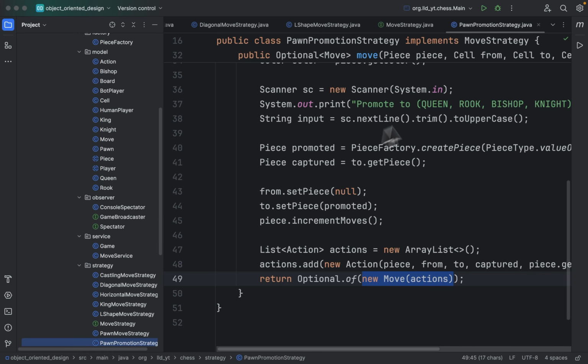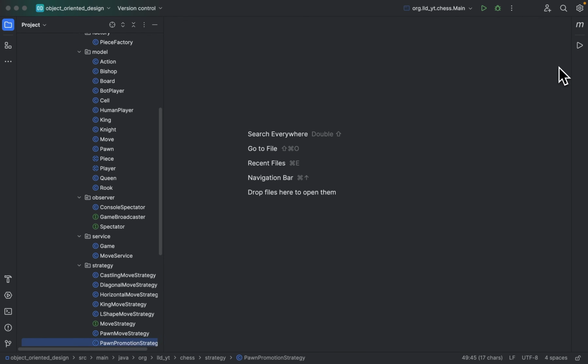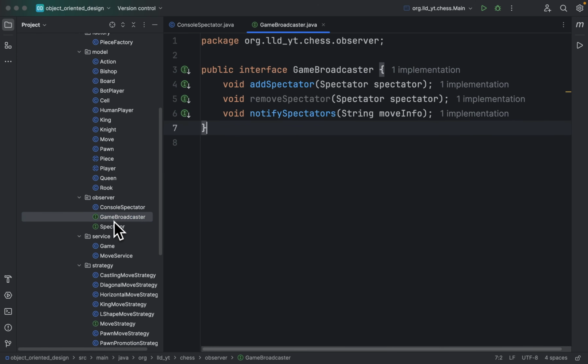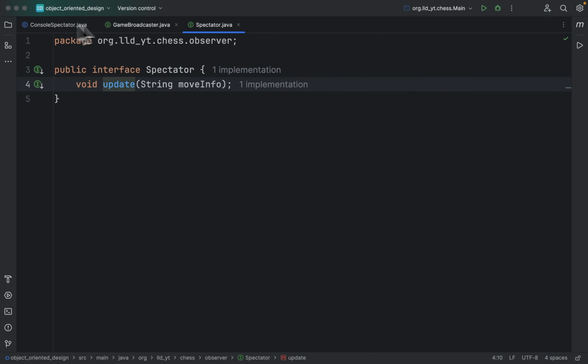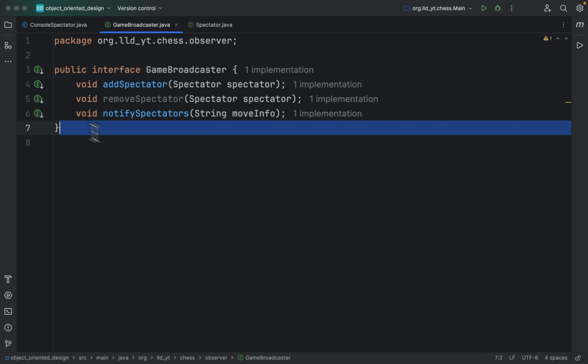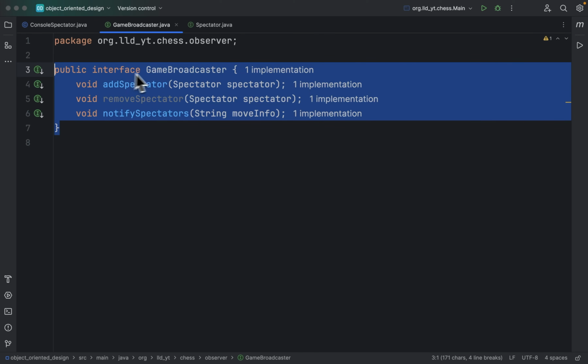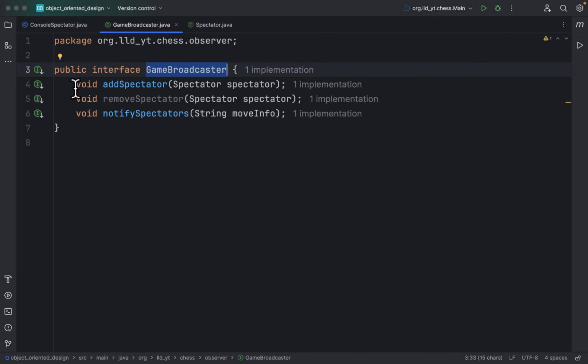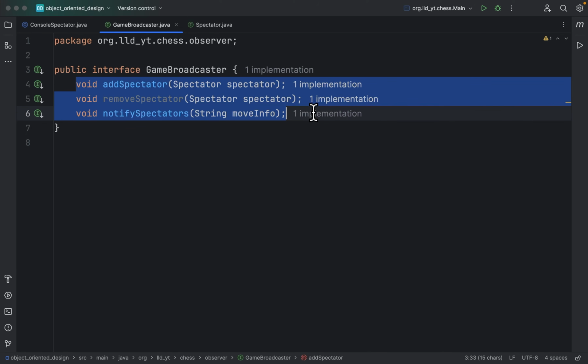Now coming to the observer. So this is the observer which will be subscribing to the game. Okay. So I've created this game broadcaster interface, and in the game class, I will be implementing this so that these functions would be implemented in the game class.